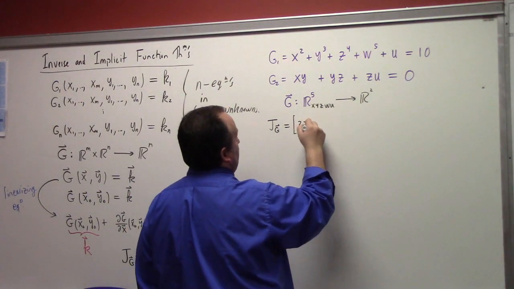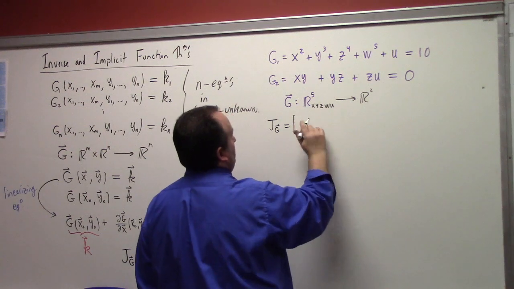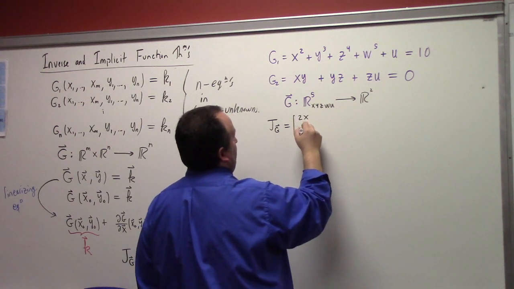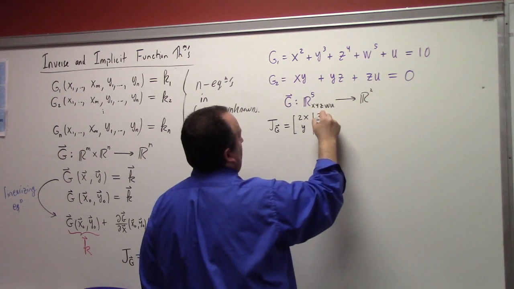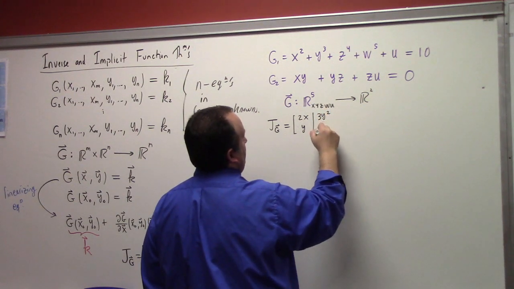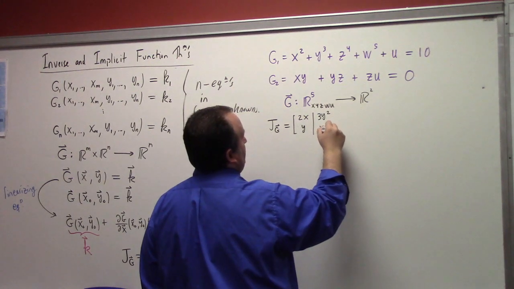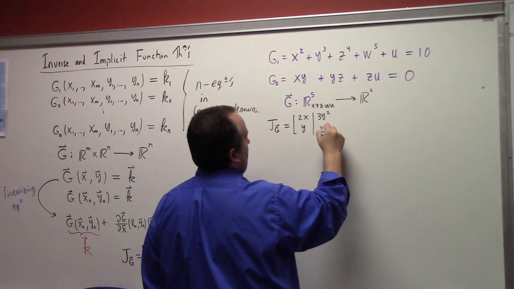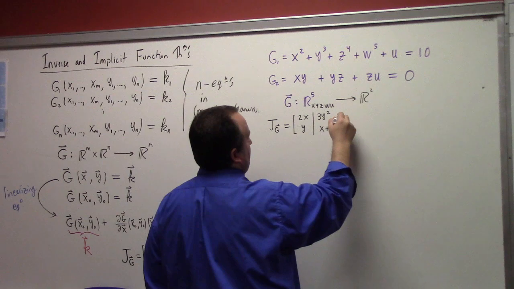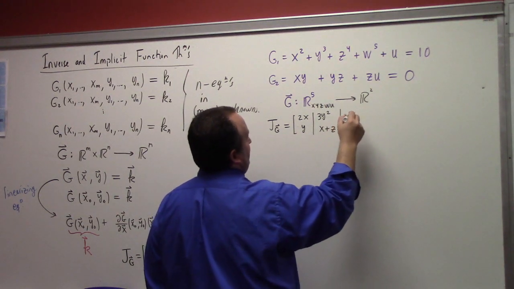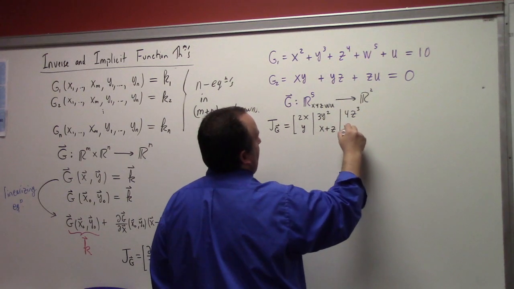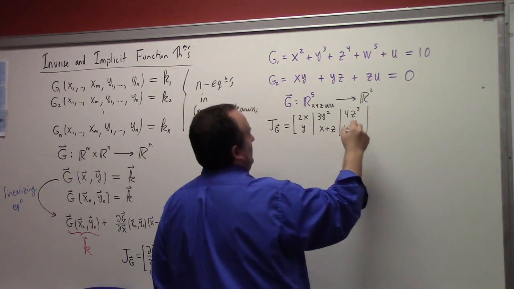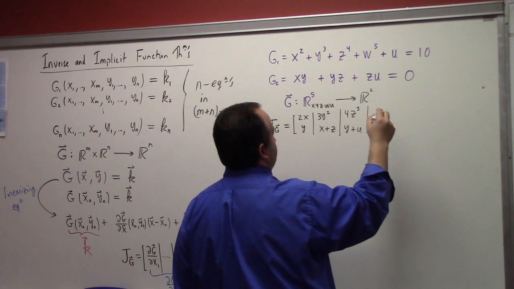So that's 2x, my bad. You got yourself a 2x upstairs, you got yourself a y down here, you got yourself a 3y squared, you got yourself an x down here, plus z, right? Keep me honest. Then partial with respect to z, we've got a 4z cubed, and a y plus u.